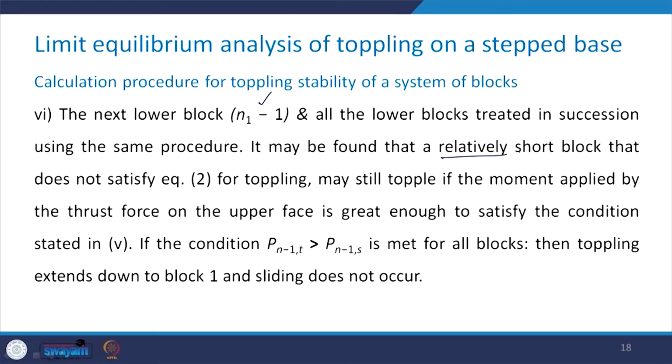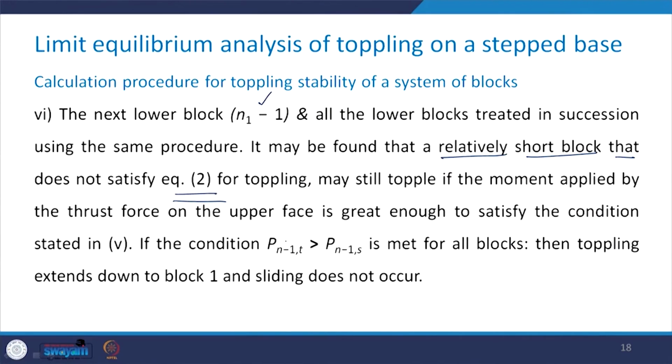It may be found that the relatively short block that does not satisfy equation number 2 for toppling may still topple if the moment applied by the thrust force on the upper face is great enough to satisfy the condition that we have stated in the earlier step, which is step number 5.